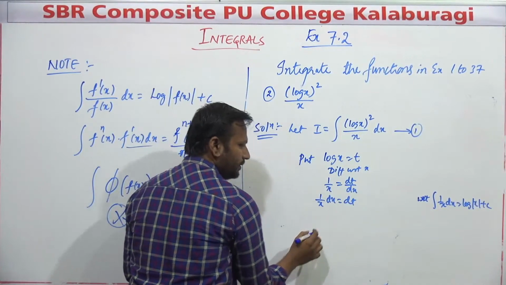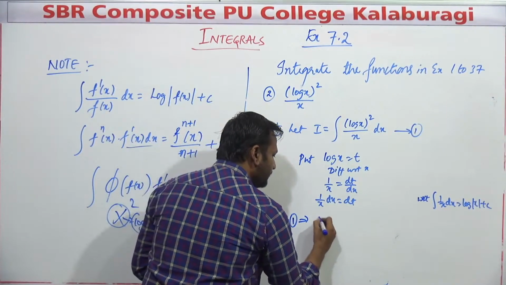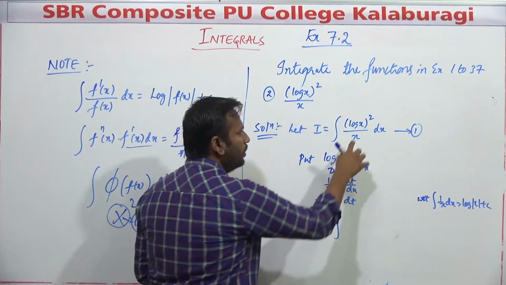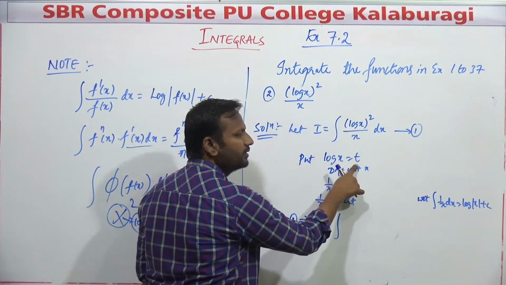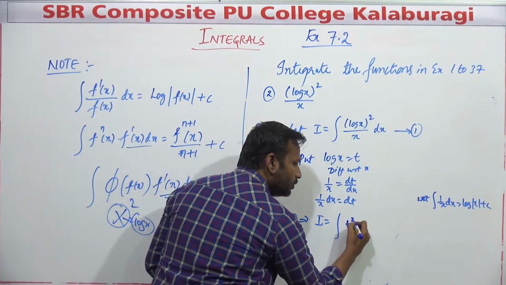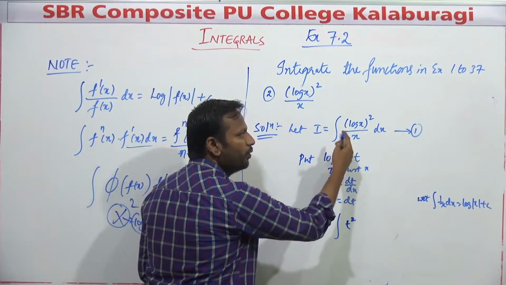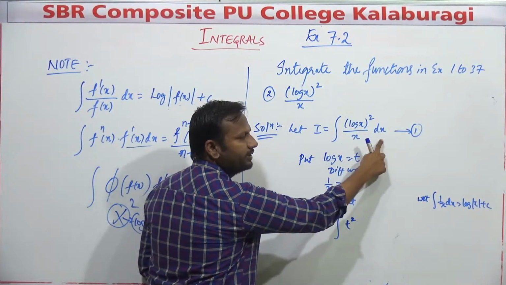So now you see, students. Substituting in equation 1 here, I is equal to, log x is what we have taken as t. It's a whole square, so let me write square here. t square. Now the remaining things: divide by x dx.